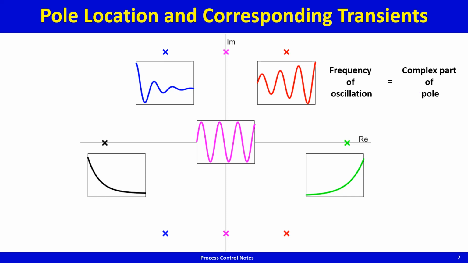So by looking at where the poles are located, you can start imagining what kind of a time domain transient response qualitatively you can expect.